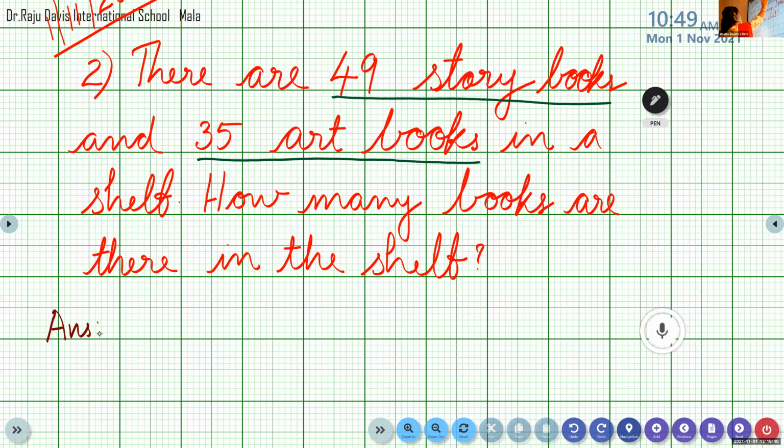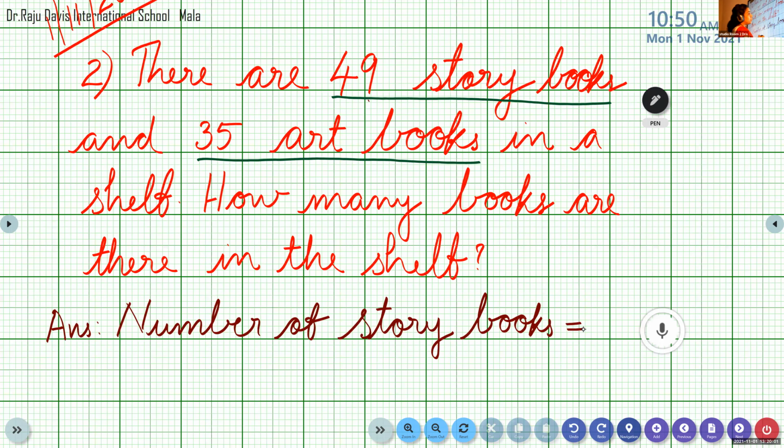Yes. So here you can see the first number is 49 storybooks. So we can write the first step is number of storybooks. Yes, this is our first step for the word problem. Equal to 49.